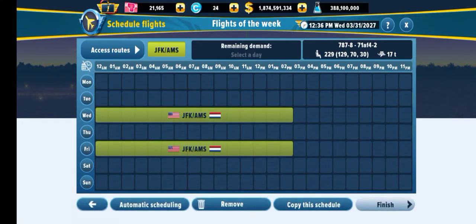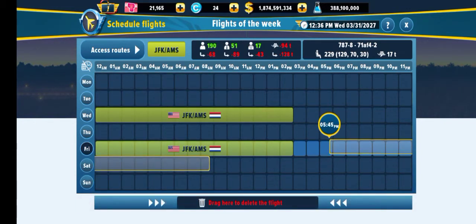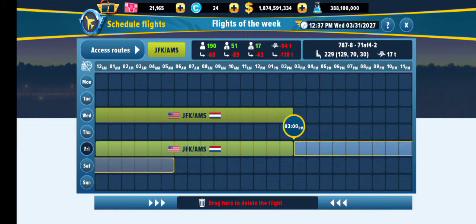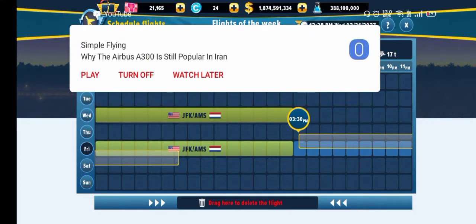Now, if you guys get confused with the red and green numbers that show up over here, the green numbers mean the amount of demand that is there on this particular route, and the red numbers show how much capacity you have.